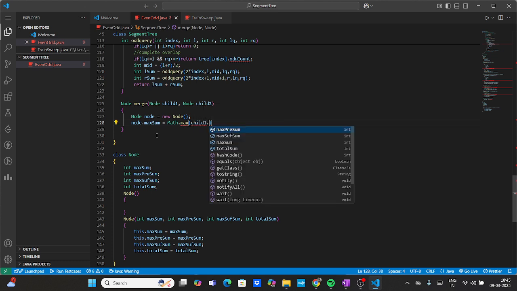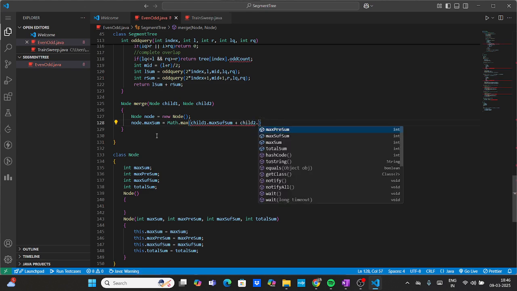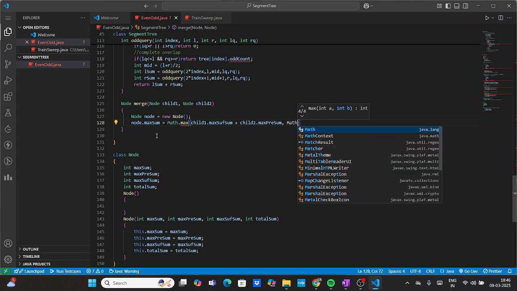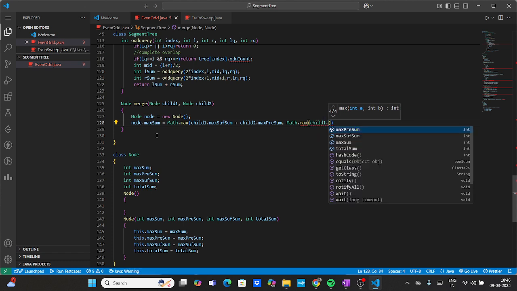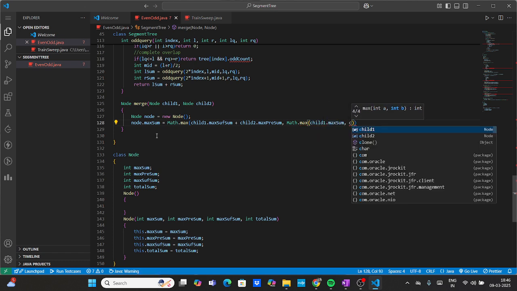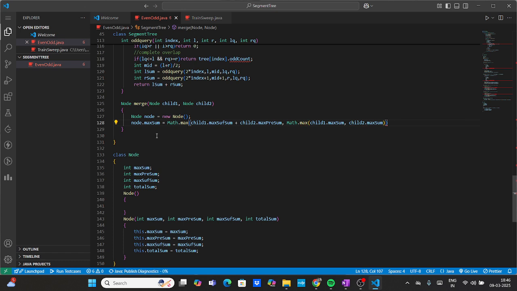Child one dot maxsum, child two dot prefix sum. What do you think? Is this correct? Yes. Okay, child one's max suffix, child two's max prefix, and child one's max, child two's max.